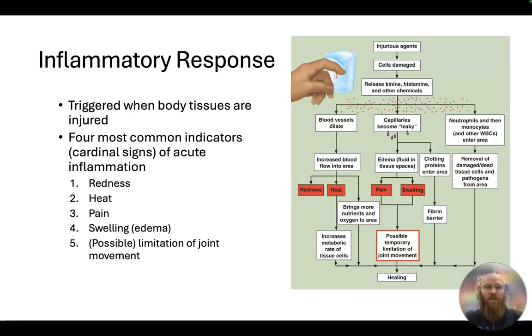Pain upon touch is going to be expected, as well as swelling or edema. Also important to understand that there is a 5th possible one where if the inflammation happens to be occurring in a joint, then because of the pain and swelling, you're going to experience some limitation of that joint's ability to move.